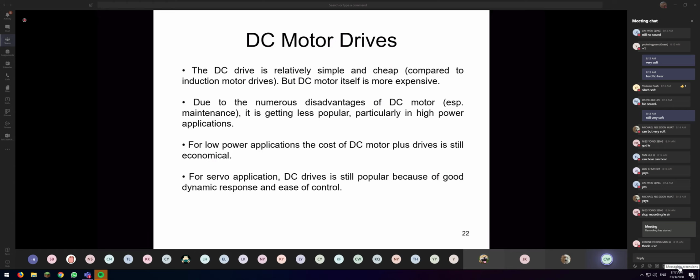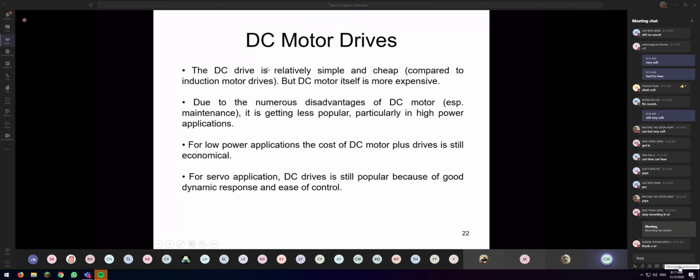The DC drive refers to the converter circuit that supplies sufficient voltage or current to your DC motor. So for the DC motor, the DC drive refers to the half wave converter, full bridge converter, and the semi converter, that kind of thing.